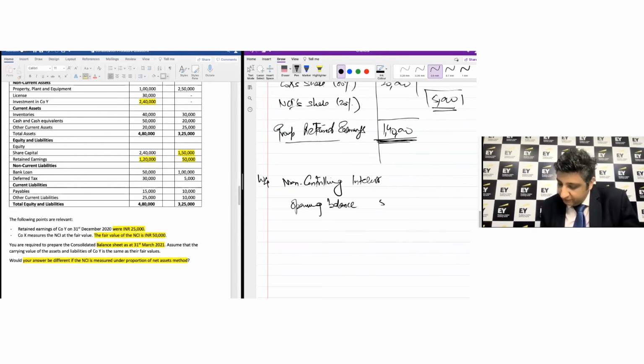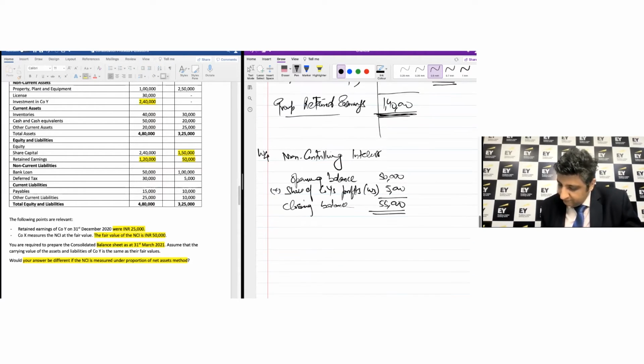This is the same value of the non-controlling interest on the date of acquisition, plus the share of company Y's profits, which is calculated under working 3, that is 5,000, which means that my closing balance is 55,000 here.